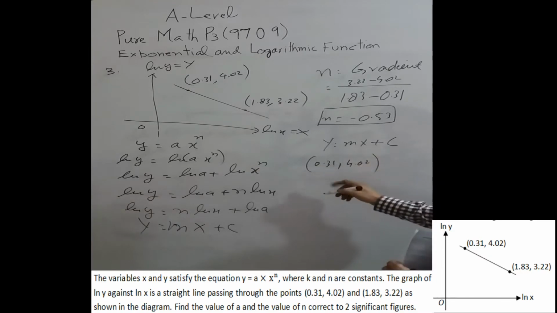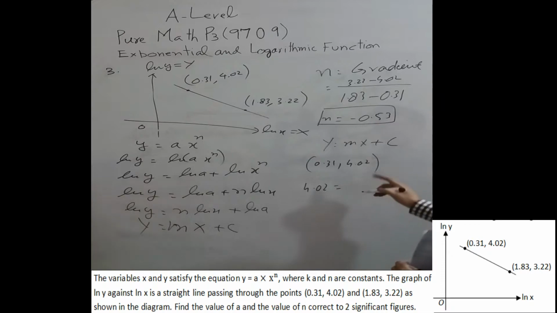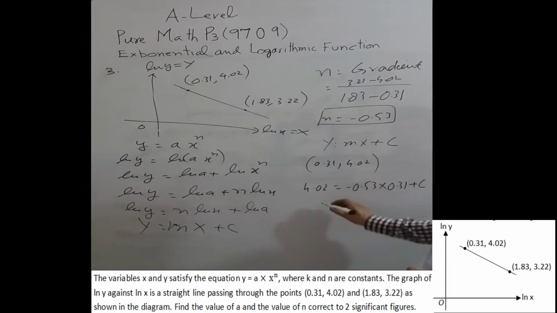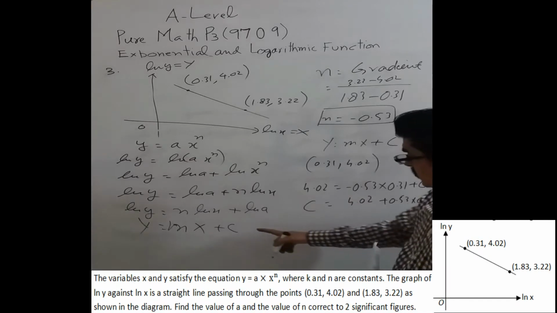Now this is our y, which is 4.02, and this is equal to m, minus 0.53, into your x, which is 0.31, plus c. Now shifting to the right, we will get the value of c to be, if you add these two, 4.02 plus 0.53 into 0.31. Using calculator you will find c.